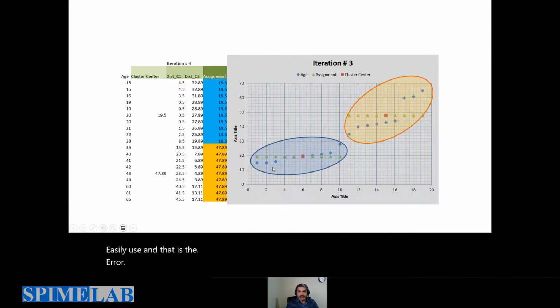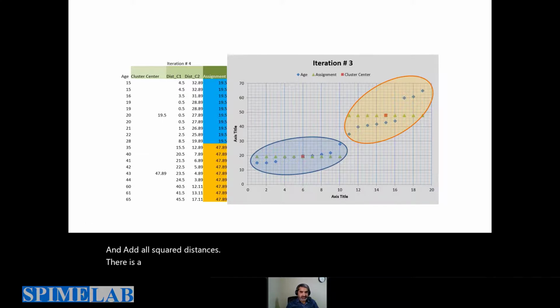We don't have true labels, so error is going to be the distance between actual value, let's say 40, and the centroid 47 squared distance. When we square this distance and add all squared distances, there is a heuristic.